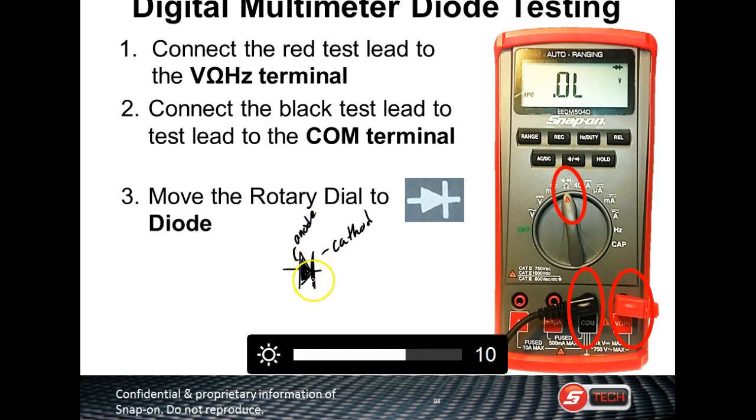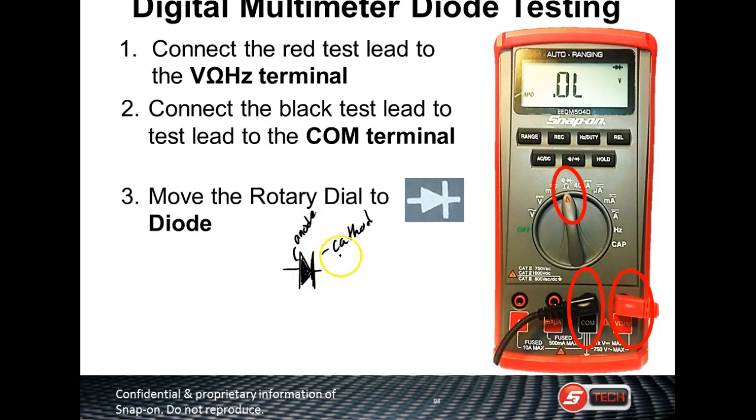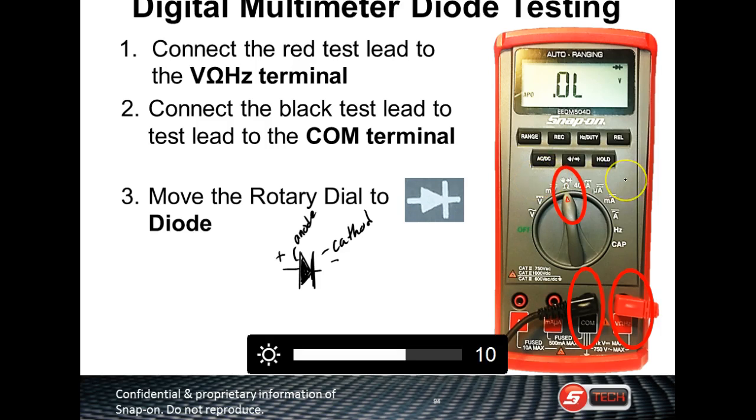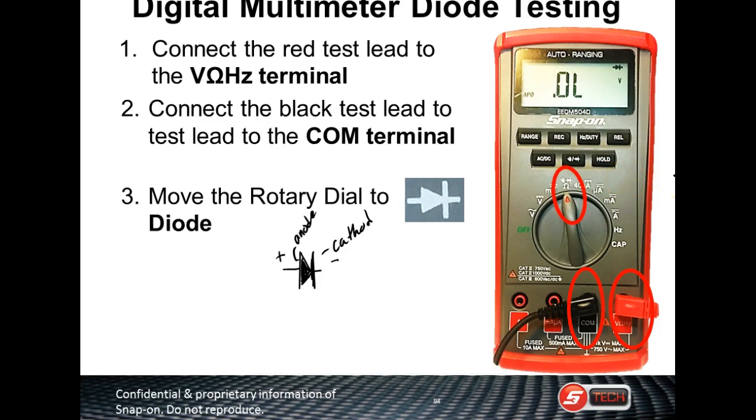To make it conduct, we have to make the cathode negative with respect to the anode by a certain amount of voltage. We call it the barrier voltage. Once you exceed that voltage, the diode conducts. One thing you learn right off the bat is that diodes never drop 0 volts. They always drop a voltage when they're biased.